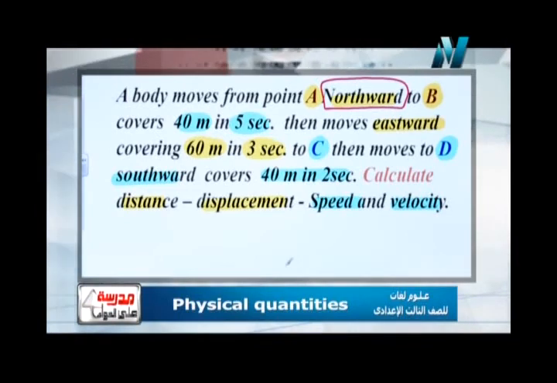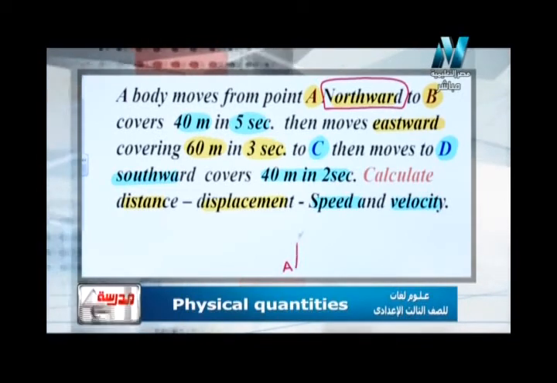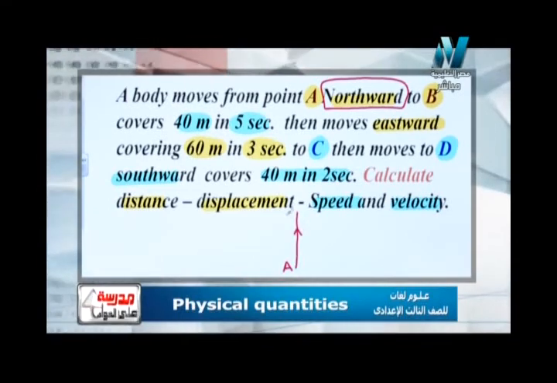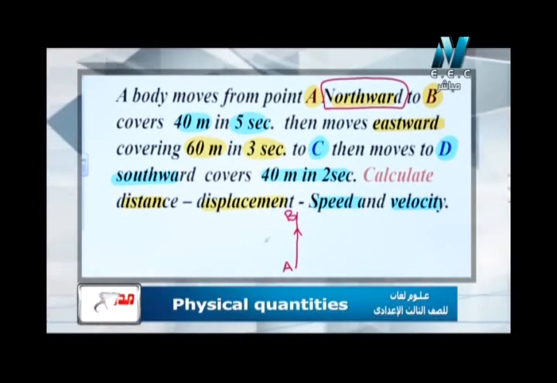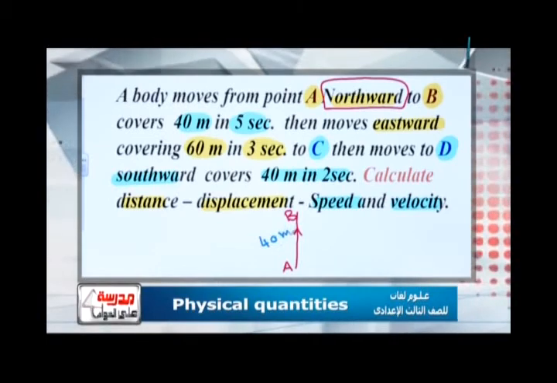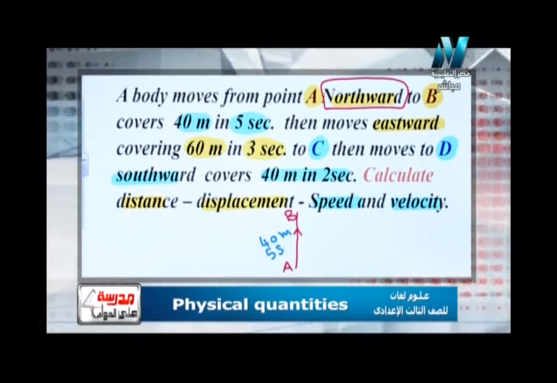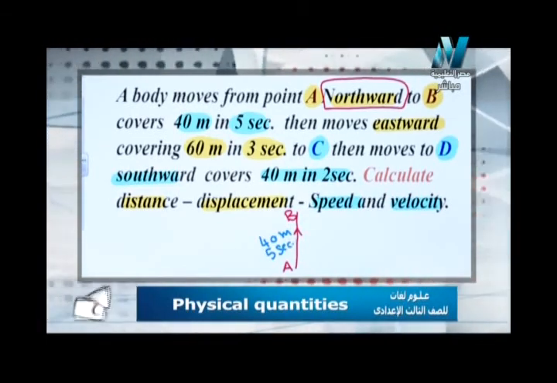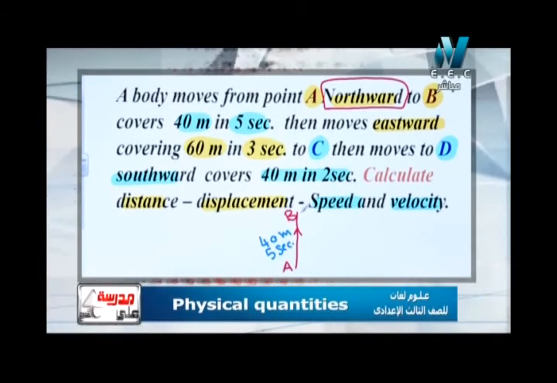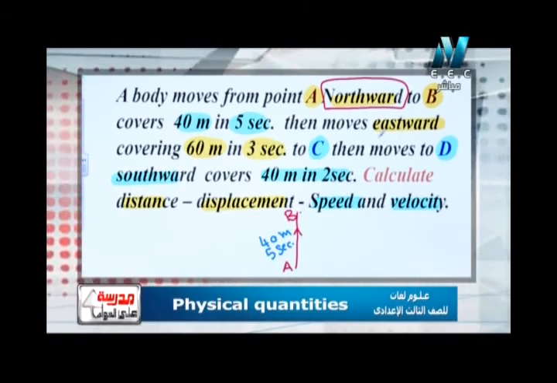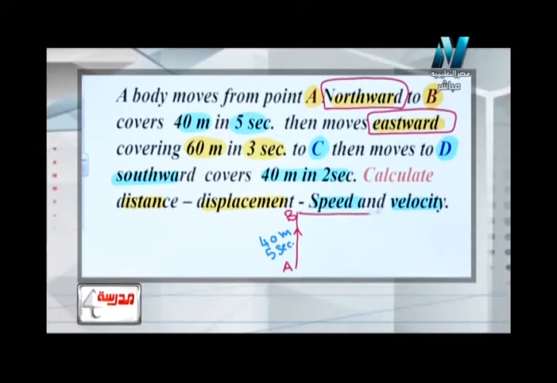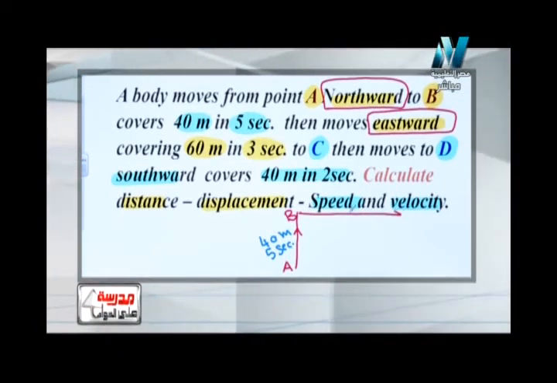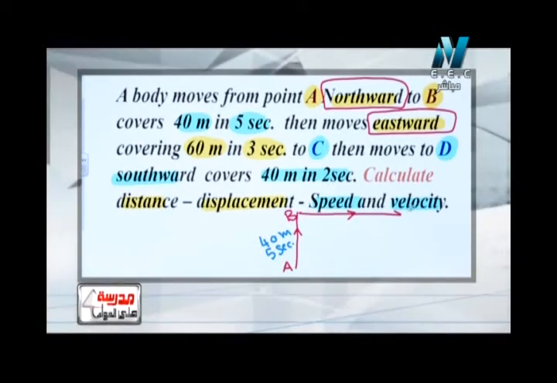It moves from A northward to B, covering 40 meters in 5 seconds. Then the body moves eastward, to the right side, from point B to point C.